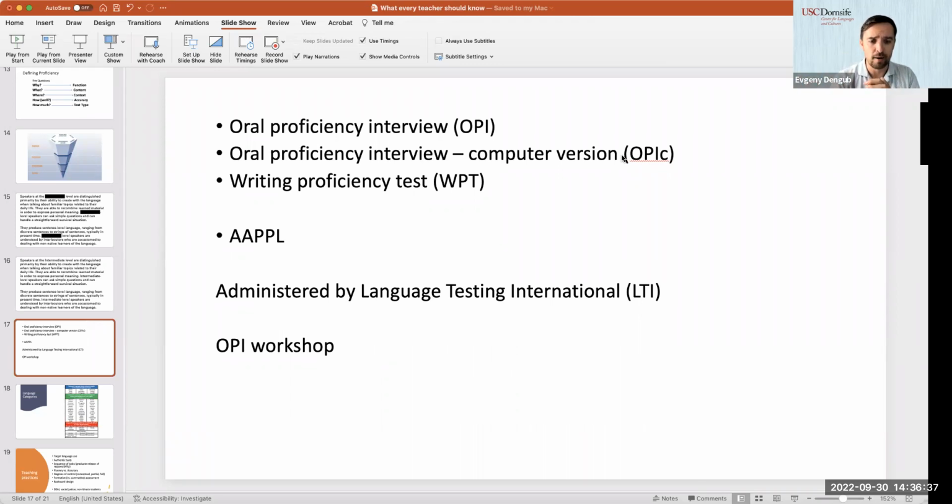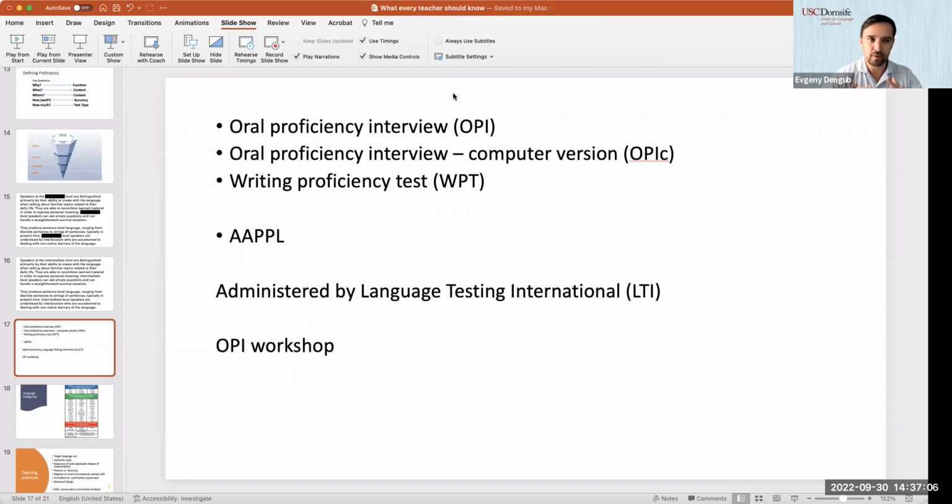They've created an Apple test, which, I can never remember what Apple stands for. Anyway, it's a proficiency test for young learners, so for the K-12 system. All of this is administered by Language Testing International. Check the website.